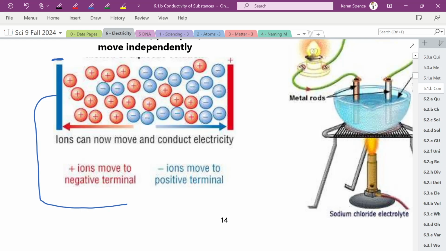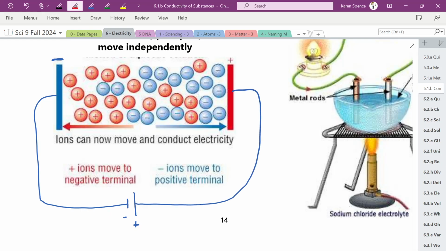How do we draw a negative terminal of the battery? Just using a little drawing. Do we draw a big line or a short line? The negative terminal is the short line. How do we draw the positive terminal of the battery? Long line.